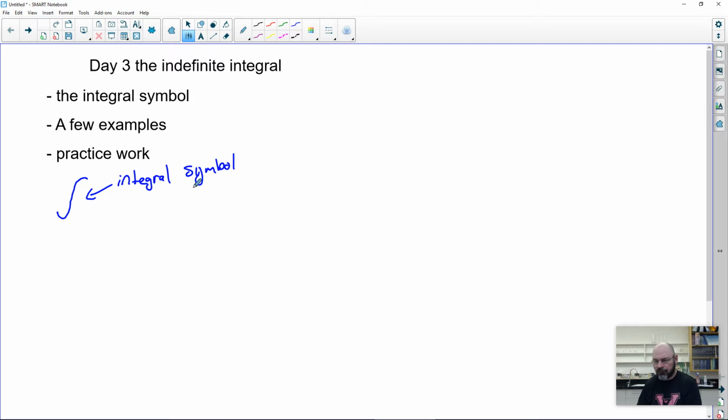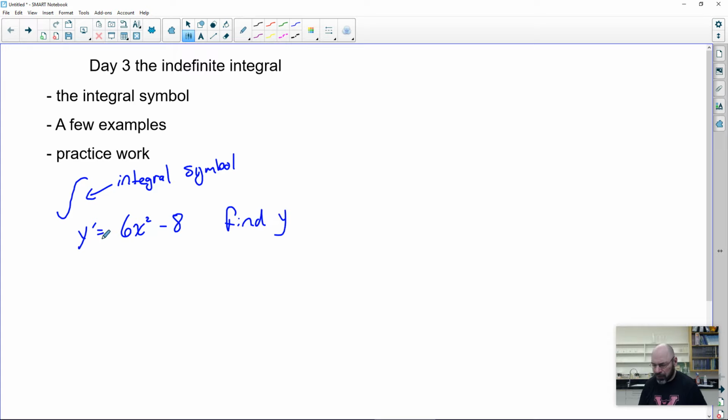And we're going to write the derivative as so. If we have, say, y prime equals, let's say, 6x squared minus 8x. Find y.